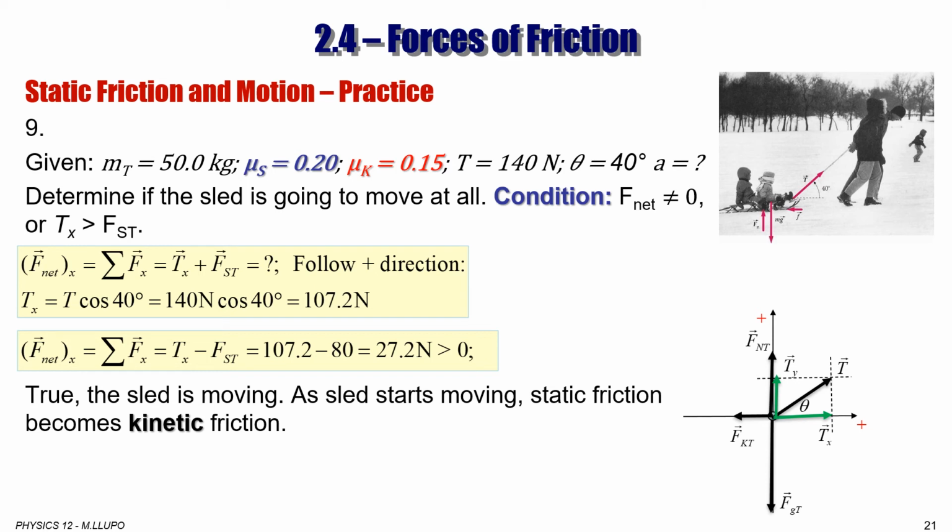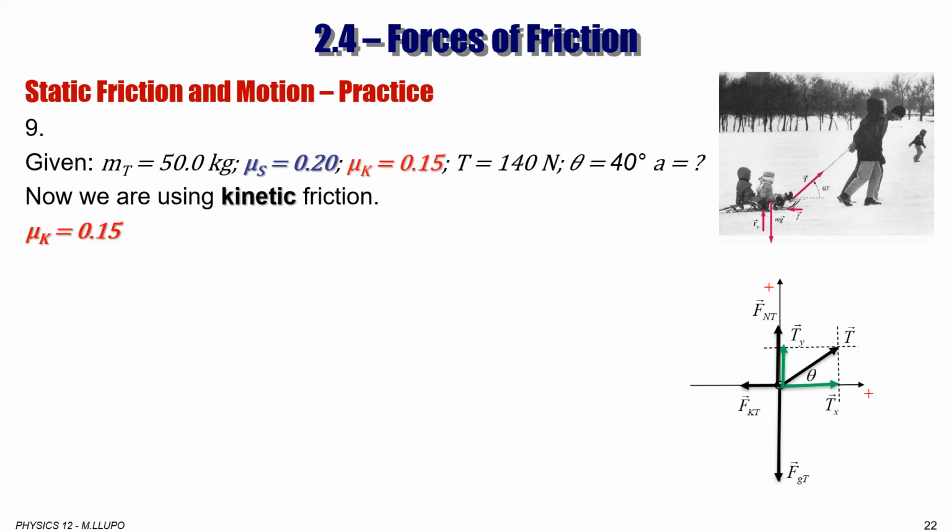force of friction. So we now calculate acceleration on the x-axis, but remember, we have to calculate based on a new coefficient of kinetic friction, not static friction anymore. After the x component of the tension overcomes static force of friction, the static force of friction will become a kinetic friction.